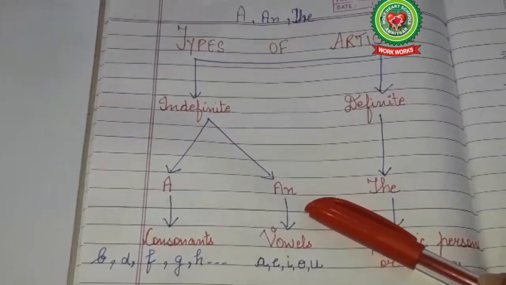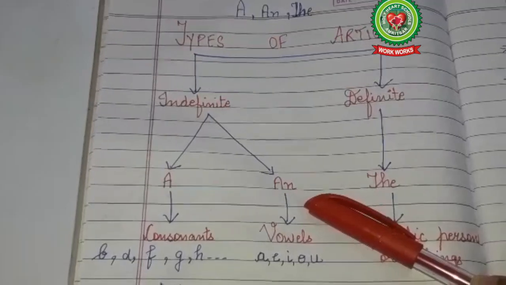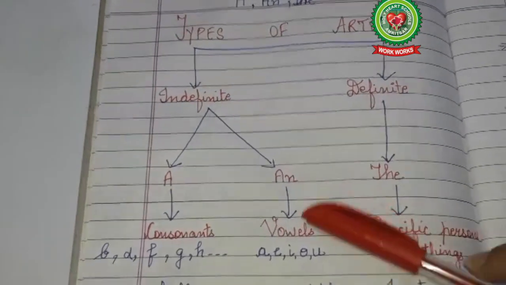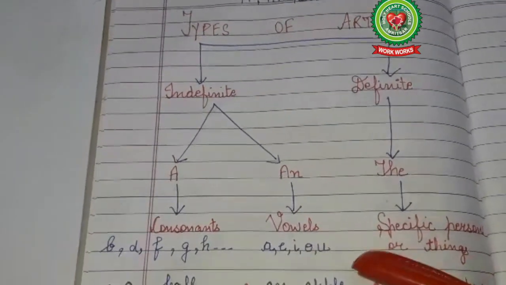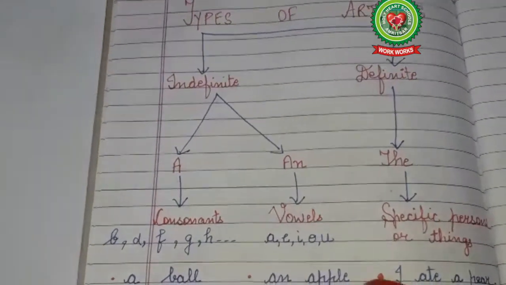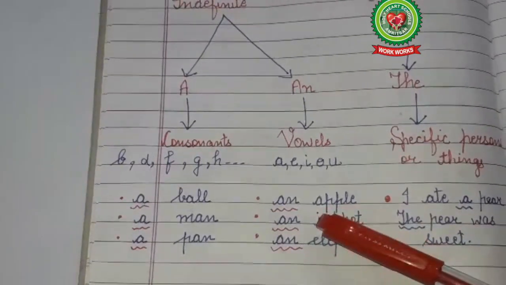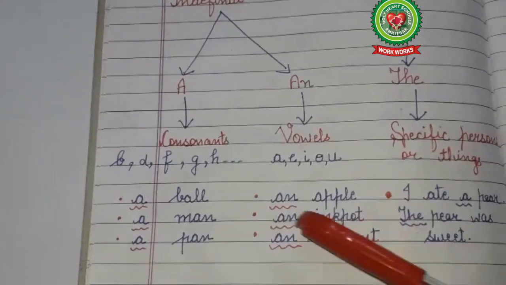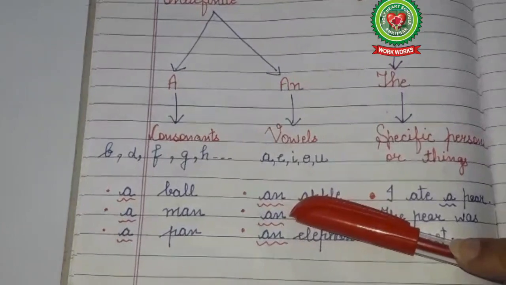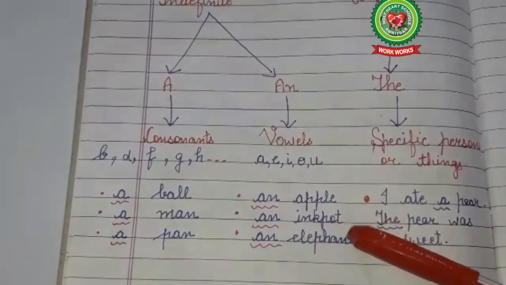Now let us discuss the use of article an. Article an is always used with singular countable nouns beginning with a vowel or vowel sound. Look at these examples. Number 1, an apple. Here the noun apple is starting with the vowel A. It is giving the sound of A. So here we have used the article an. Number 2, an inkpot.